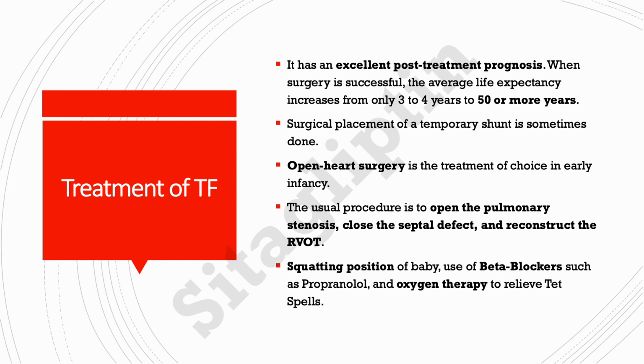They maybe insert a shunt or something like that, and they close the septal defect, the ostium which was formed between the two ventricles, and they reconstruct the right ventricular outflow tract, and there is proper alignment of the right ventricular outflow tract into the pulmonary trunk.